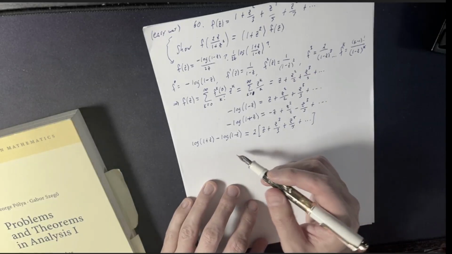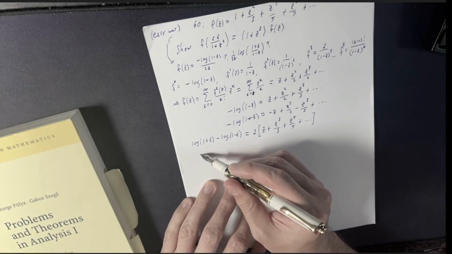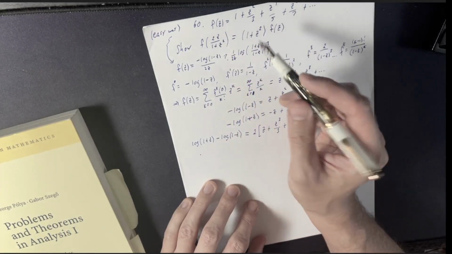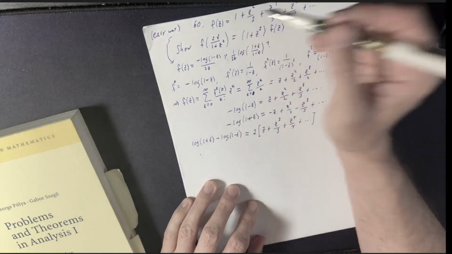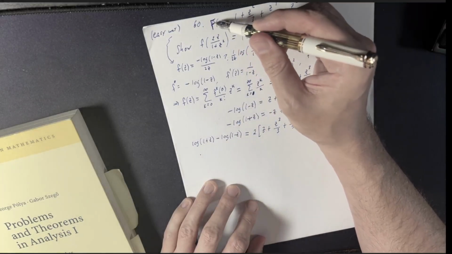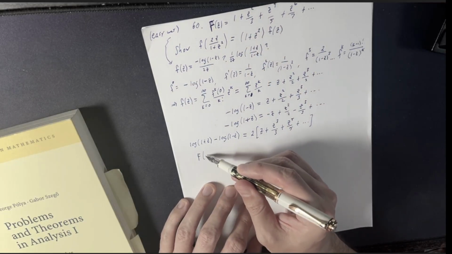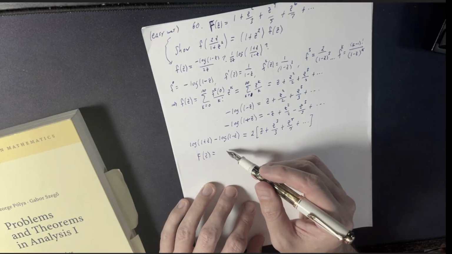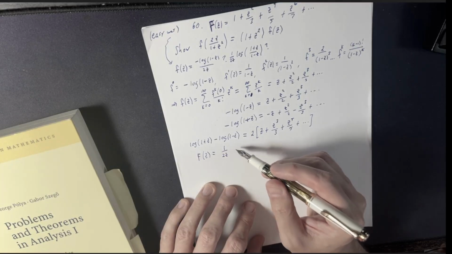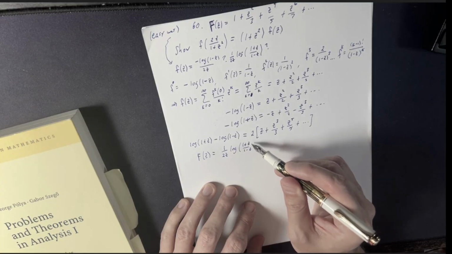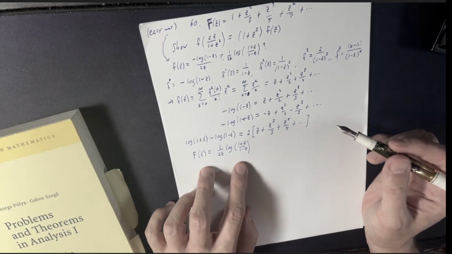We just showed it right here. The function that we had in mind originally, maybe I should have called it something else. Let's call it capital F. But capital F is the same as 1 over 2z times log of 1 plus z over 1 minus z, like that. So we just showed that this is true.